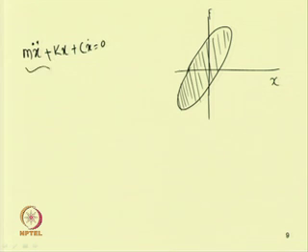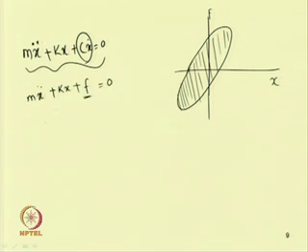In case of nonlinear damping, instead of this linear force c x dot, we can have some nonlinear force: m x double dot plus k x plus f. This force will be nonlinear. Or we can write it in this form: x double dot plus omega 0 square x plus f, where k by m is equal to omega n square, or omega 0 square.